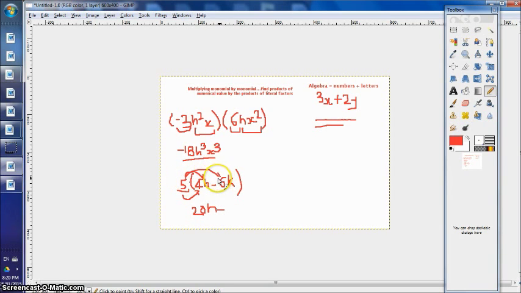This is going to be 20, and then my literal factor, which is h, minus second term, 30 times my literal factor again, 30k. So this is the product that I get, okay, for these two.